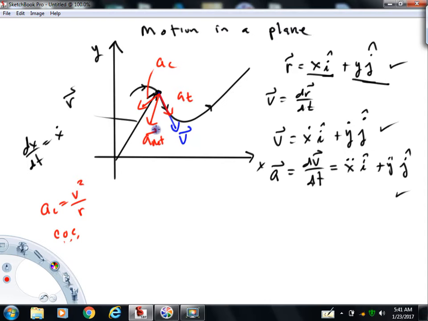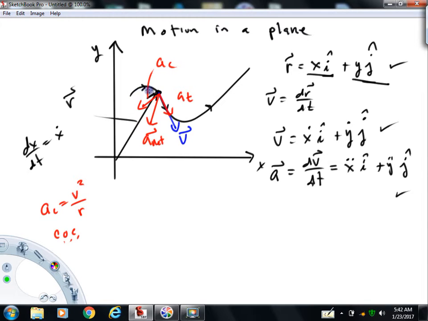So in this picture, the two most important vectors to pay attention to right now are this one, the velocity vector, and this one, the net acceleration vector. Now, you'll notice that in this example they are not in the same direction.